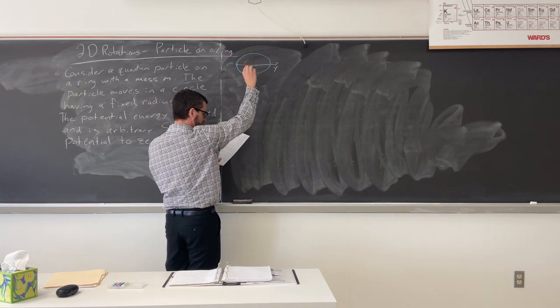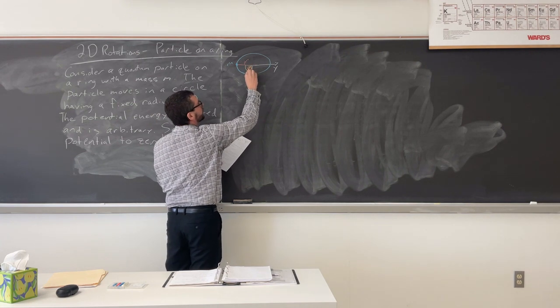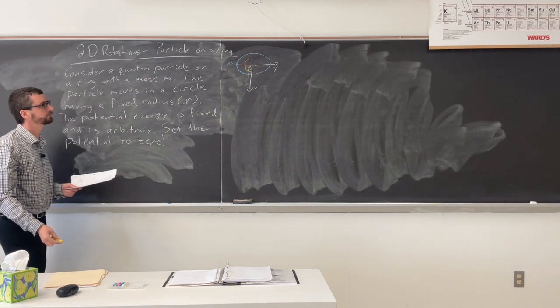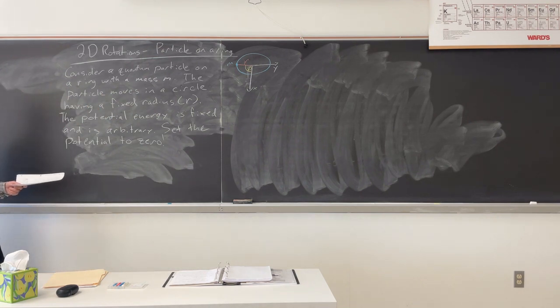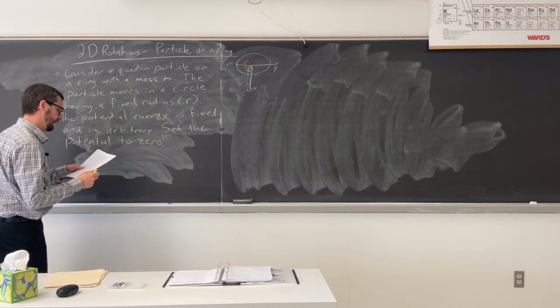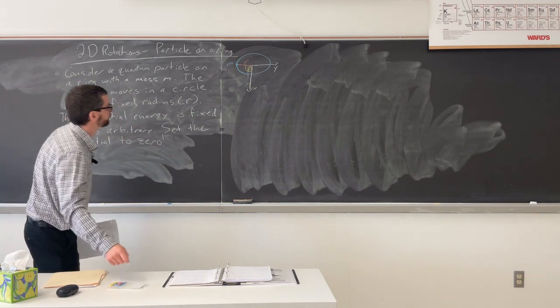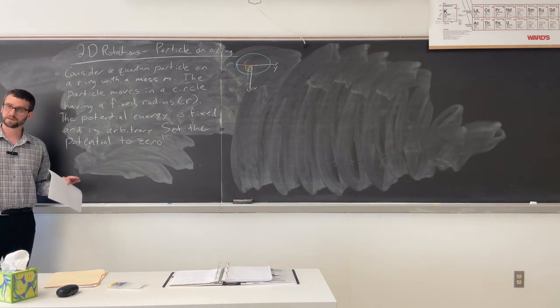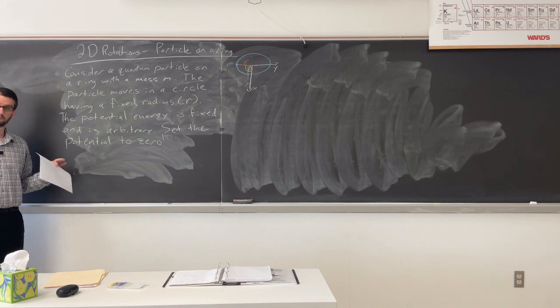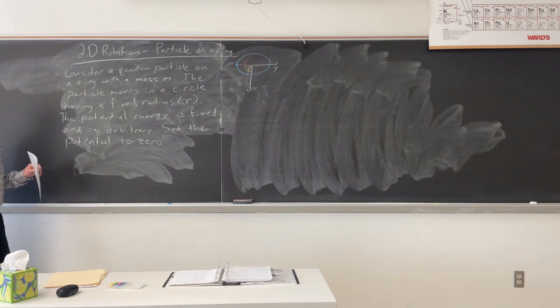And that's what we're going to call, in this case, phi. So which way it's angled in that spot. Okay. Everybody feel like they understand what the system looks like? It's just a particle on a ring.